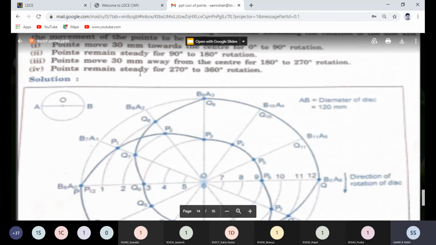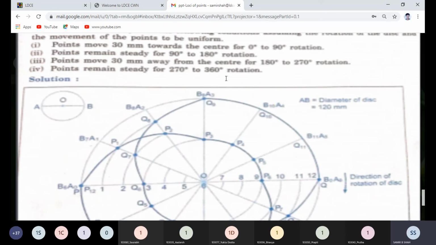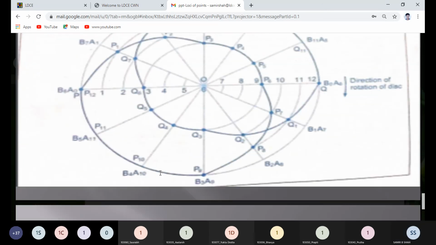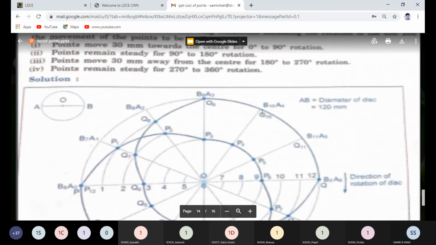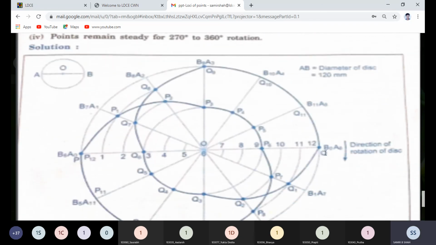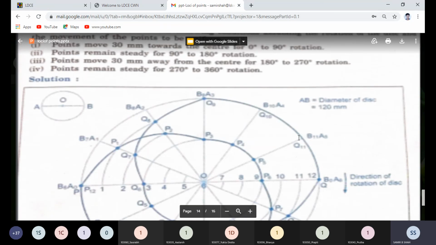Now points remain steady for 270 to 360 degree. Points P and Q remain steady for 270 degree to 360 degree rotation. So get the points P10, P11 and P12 or P0, and same way points Q10, Q11 and Q12 or Q0 in a quarter circle with center at O and the radius equal to fully 60 mm.